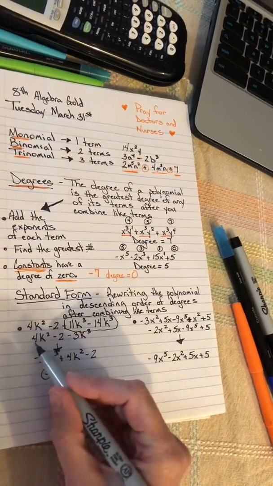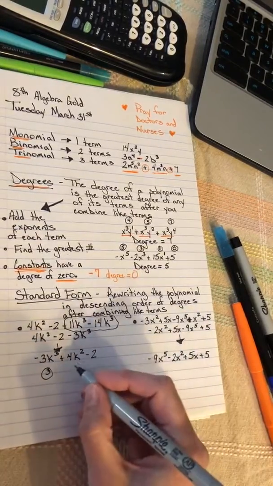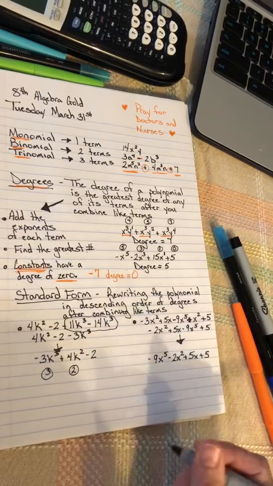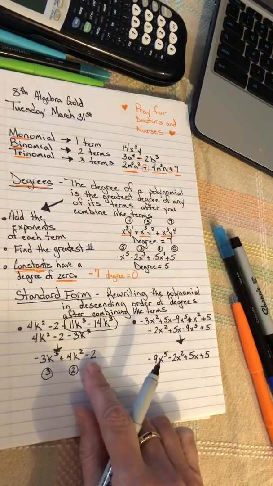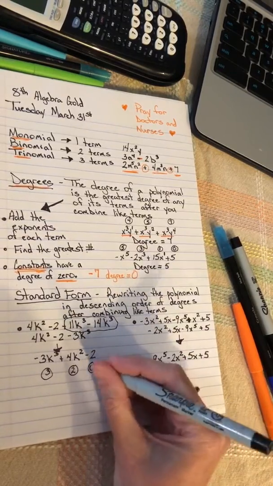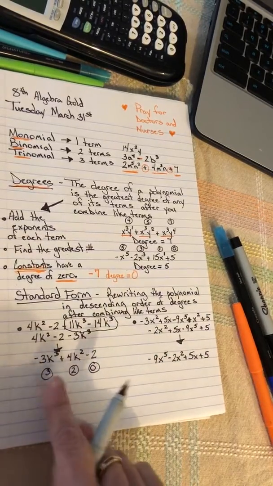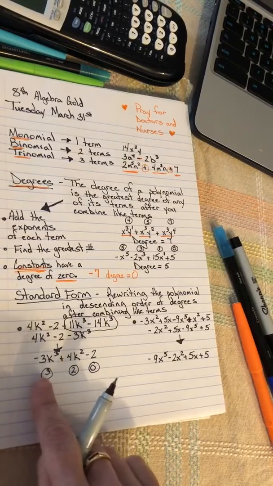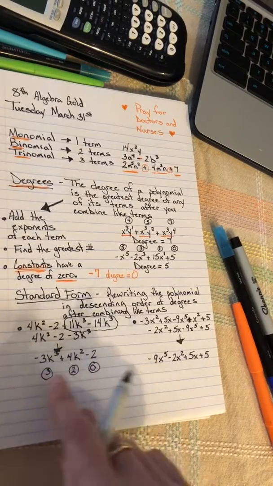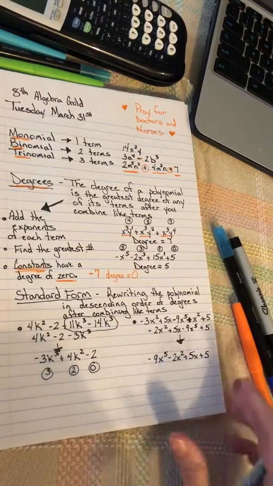Then I listed 4k to the second next because it would have a degree of 2. And then negative 2 would be last because constants have a degree of 0. So standard form means that your exponents are going in decreasing order of degree.